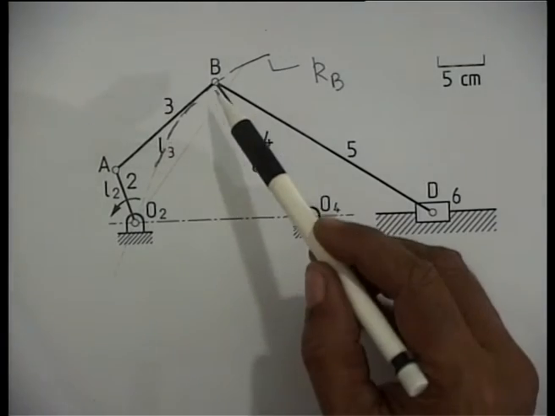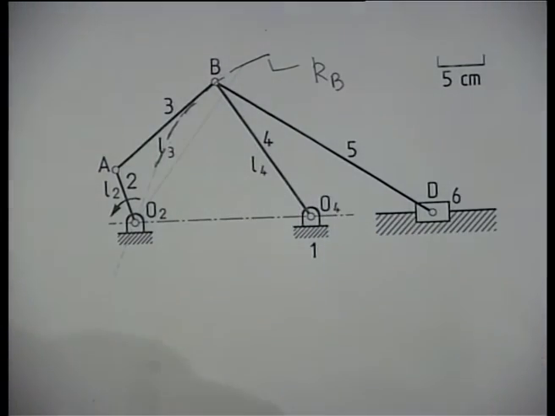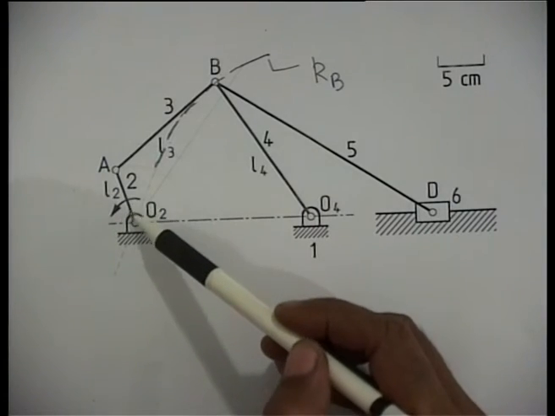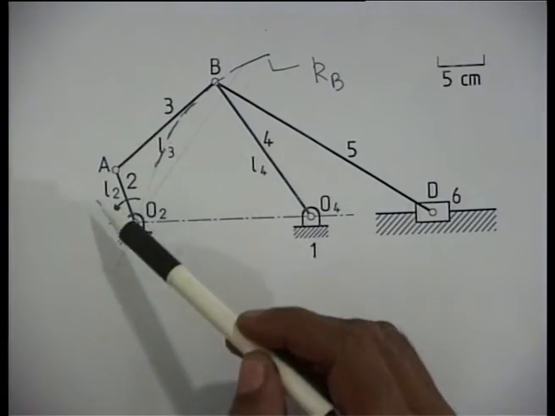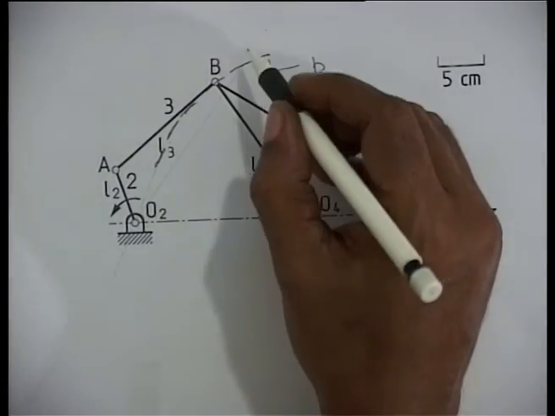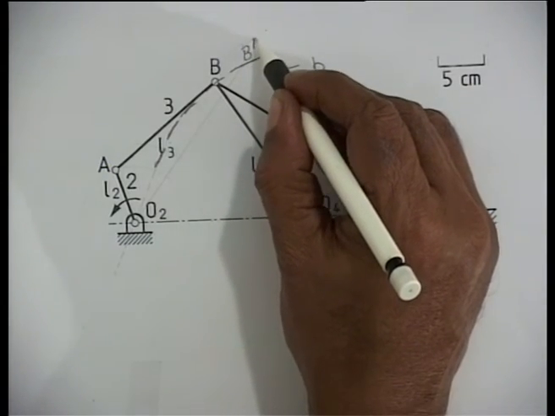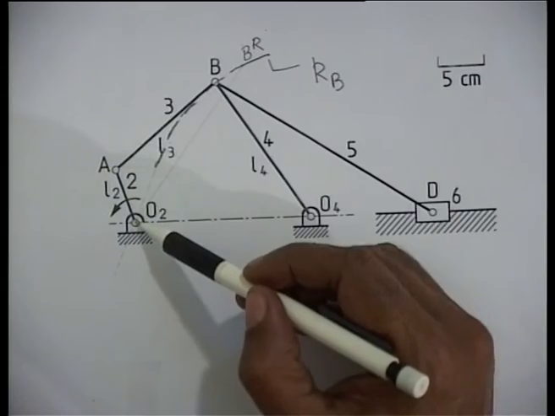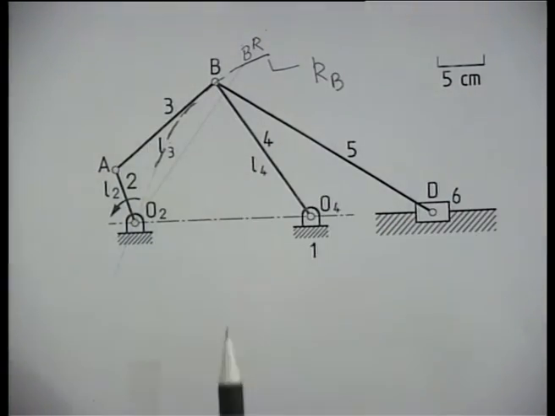Now, the extreme right position of the point B will be taken up, as we have discussed earlier, when link 2, that is O2A, and link 3, that is AB, become collinear. So, the extreme position of B, let me call it BR, when O2BR is equal to O2A plus AB.